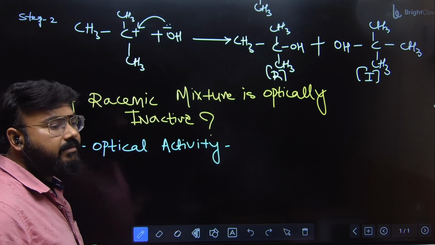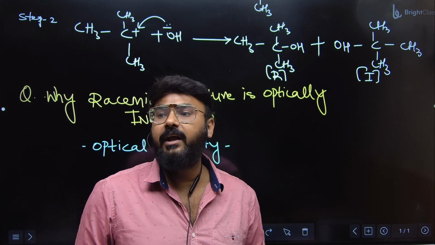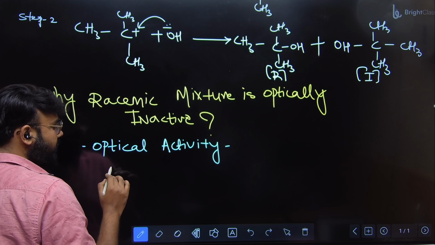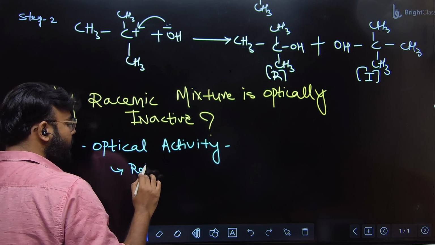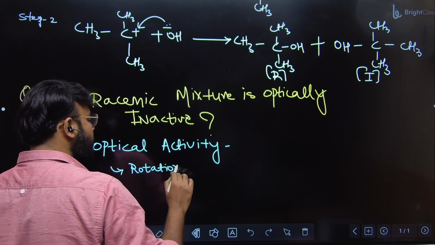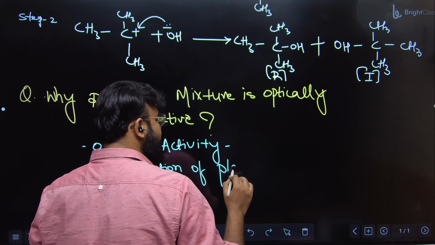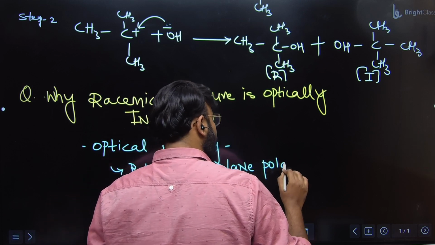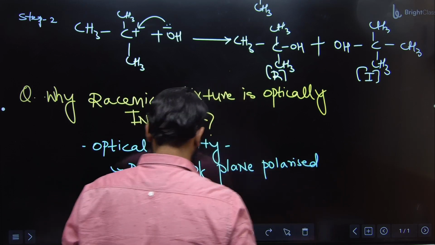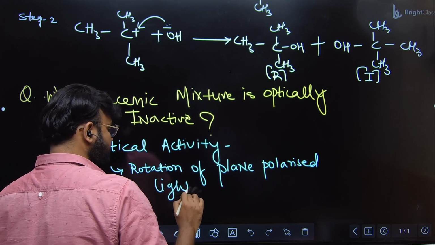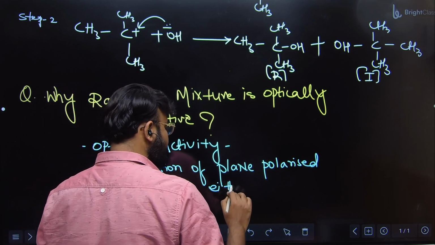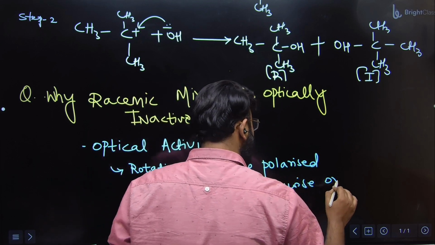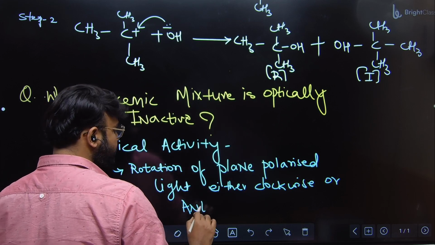Guys, in chemistry, whenever the term optically active comes, it means it's talking about rotation of plane polarized light, either clockwise or anti-clockwise.